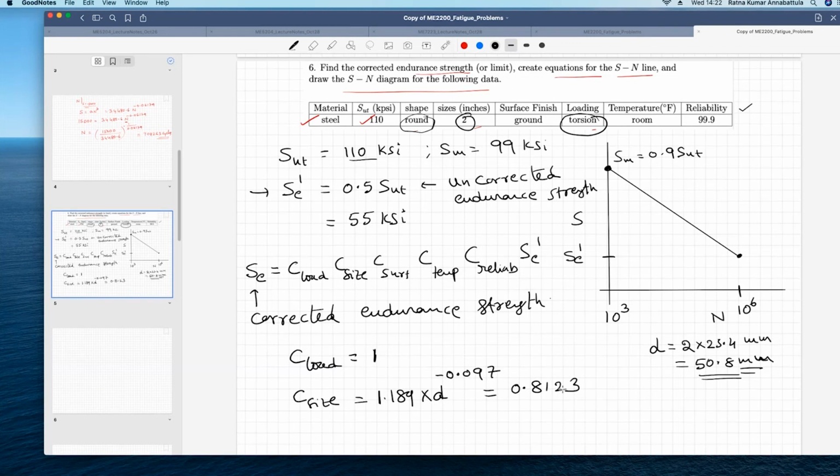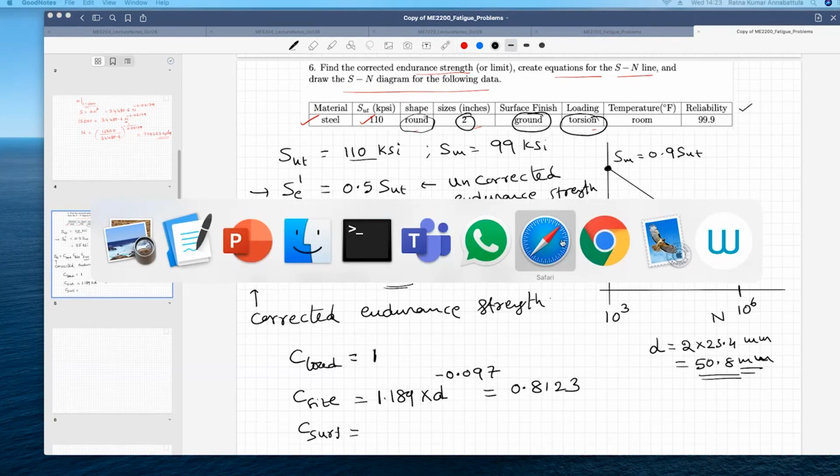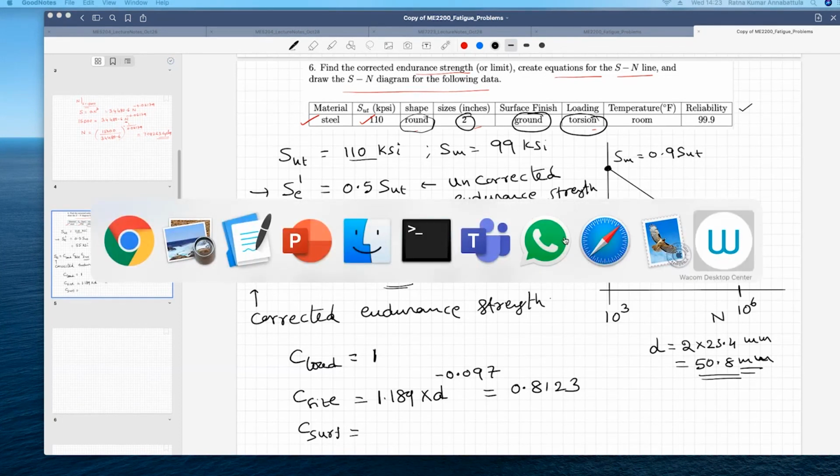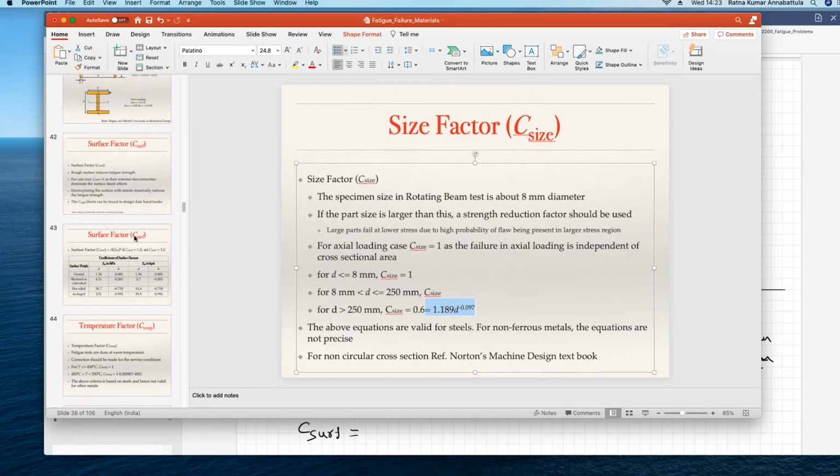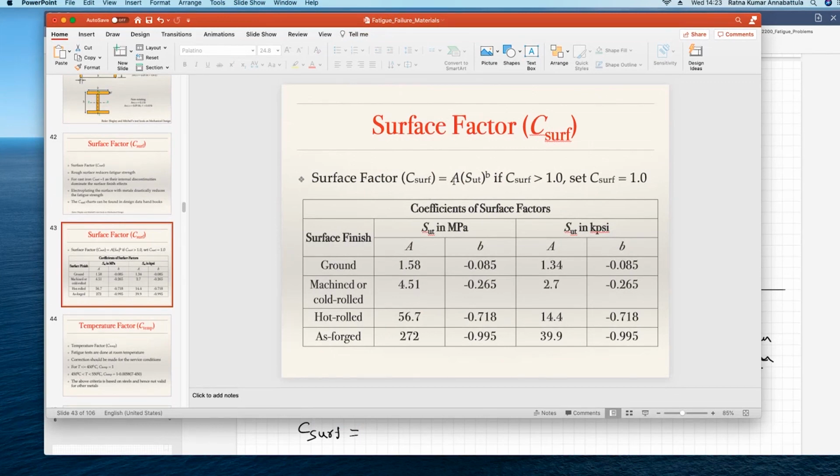Okay. Now, surface finish factor, C-surf. Again, what is the finish? Ground finish. So you need to go back and look at your surface finish table. Here the surface finish factor is given as A SUT power B, and if your SUT is given in kPSI and it is a ground finish, then your A and B are 1.34 and minus 0.08.